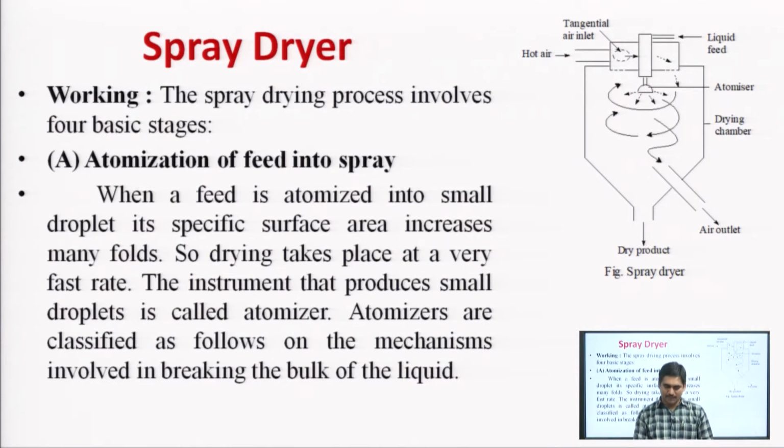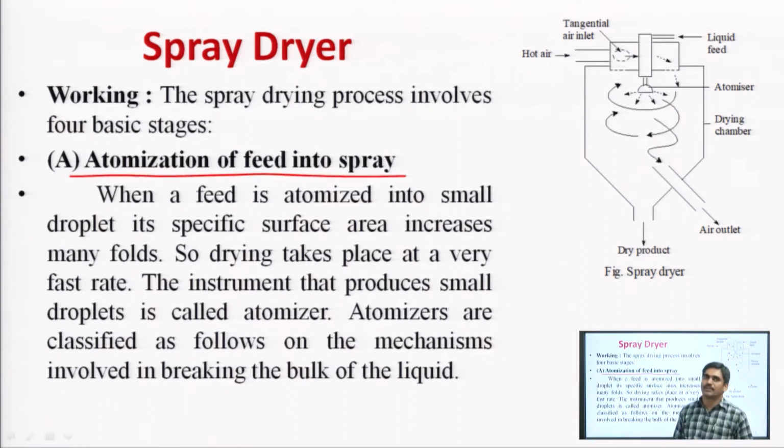Now, the working of the spray dryer. The spray drying process involves four basic stages. The first one is atomization of the feed into a spray. When the feed is atomized into small droplets, its specific area increases, since as the particle size decreases, the effective surface area of the particles increases.